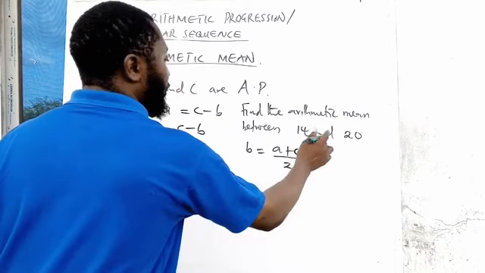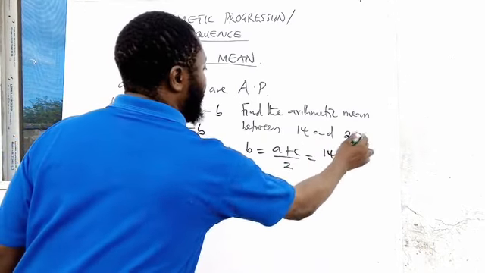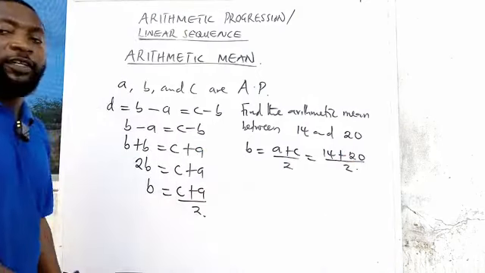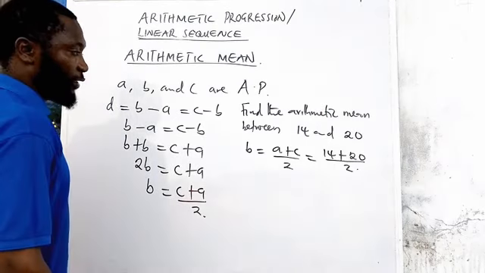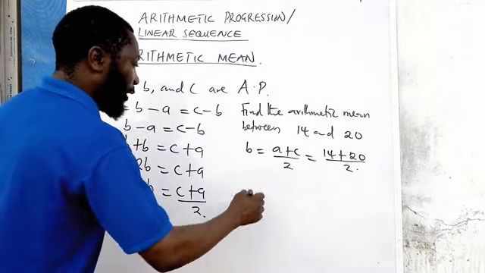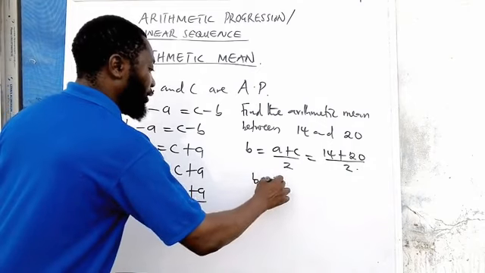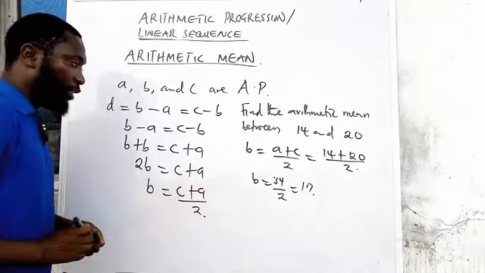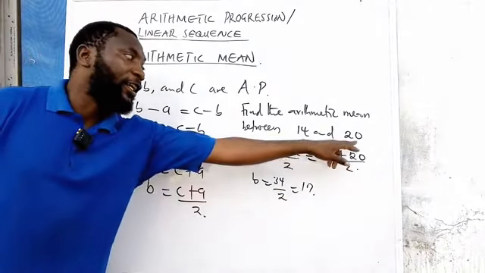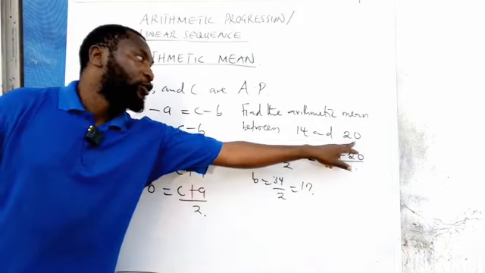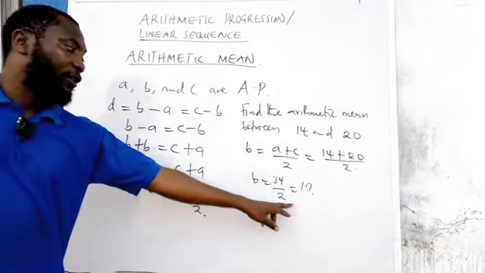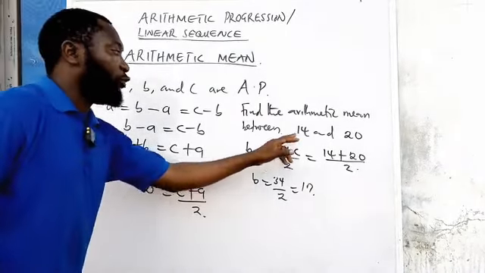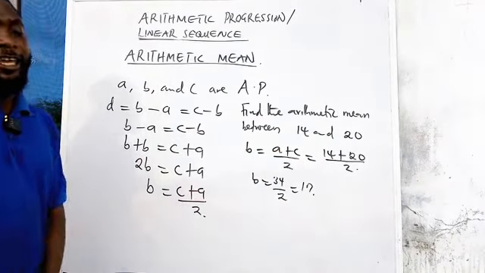Now our A is 14 and our C is 20, divided by 2. 14 plus 20 is 34. 34 divided by 2, our B equals 17. Meaning the arithmetic mean between 14 and 20 is 17, such that 14, 17 and 20 are in AP.